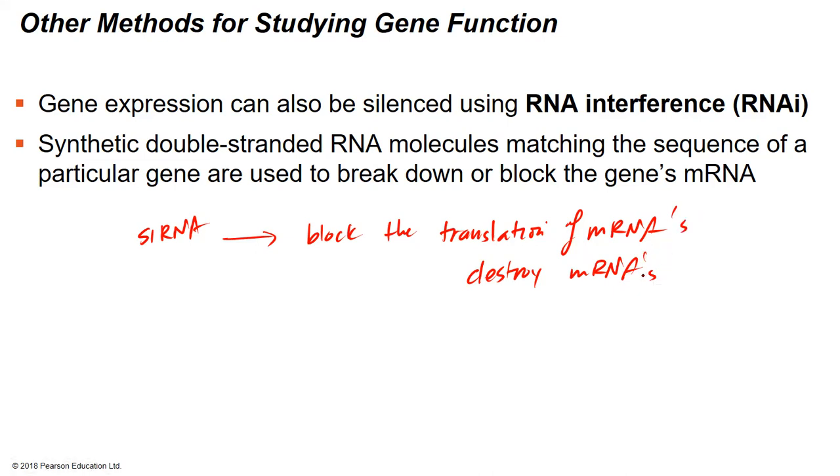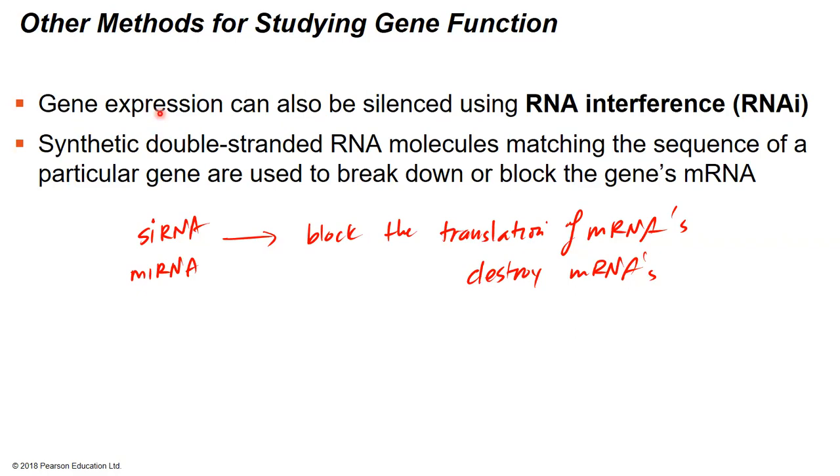Okay? So small interfering RNAs or microRNAs could be used to block the translation of mRNA or destroy the mRNA, completely destroy the mRNA. If the mRNA is not translated or degraded or destroyed, the gene is not expressed. So one way to study gene function is to prevent its expression.